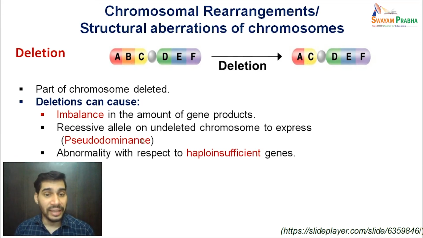It allows the recessive allele on the undeleted chromosome to express. This is called pseudodominance. Then there is an abnormality with respect to haplosufficient genes. These are all effects of the deletions.